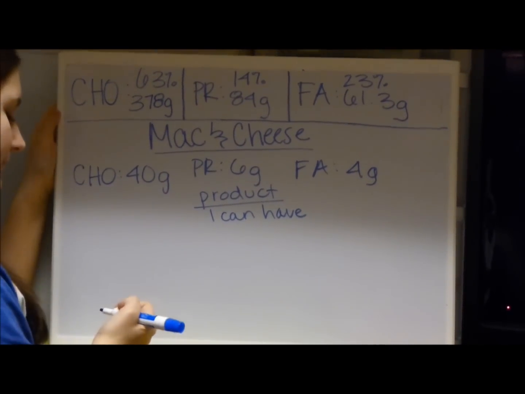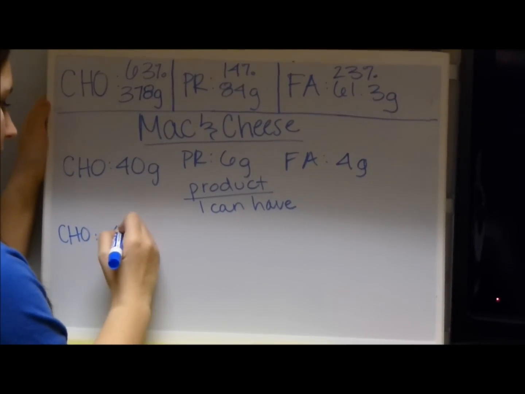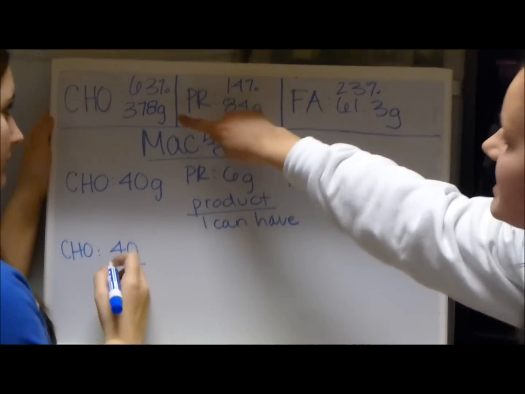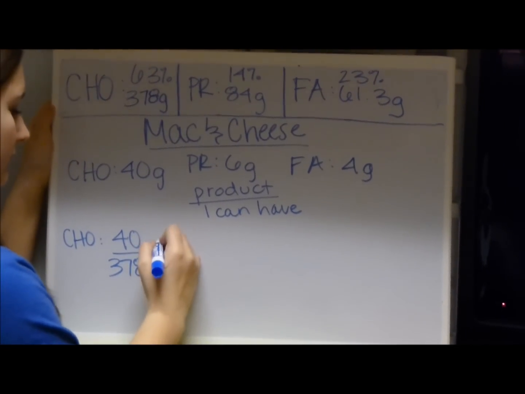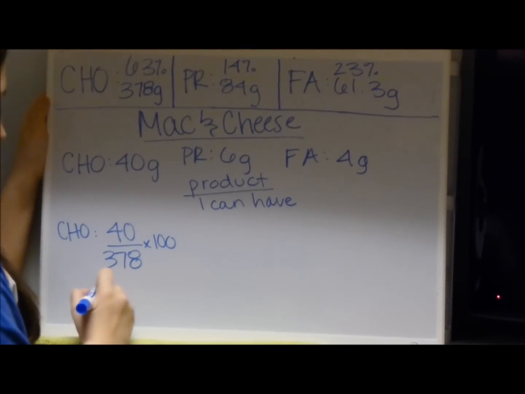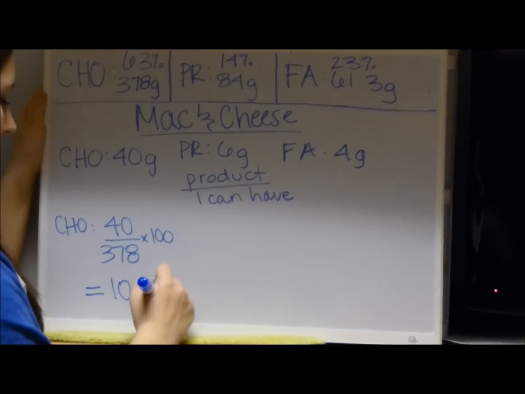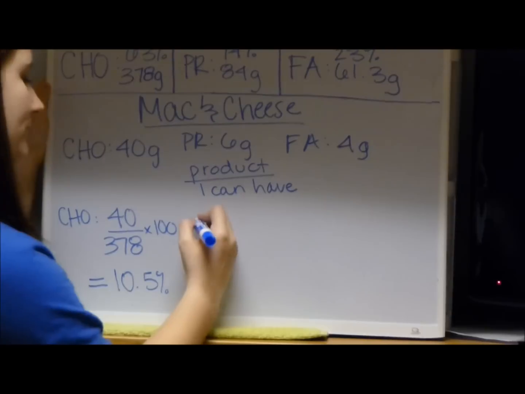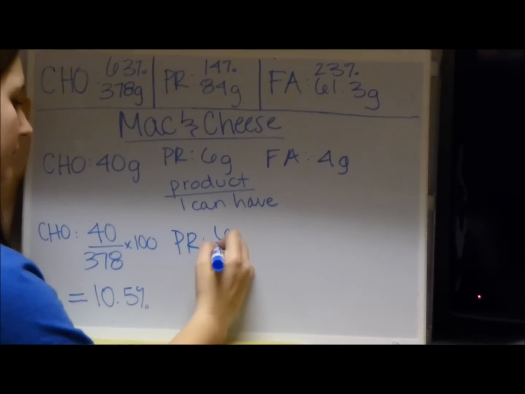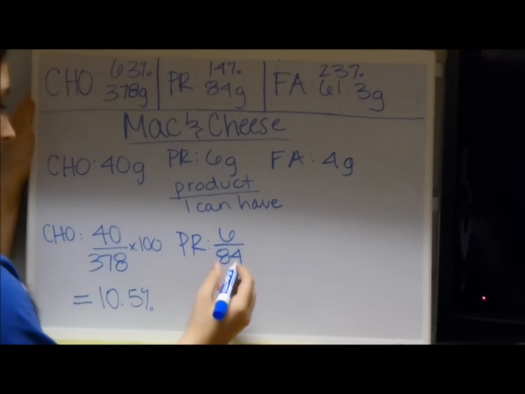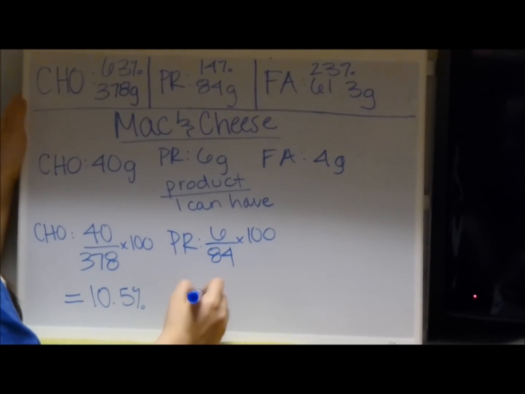And so first, to find the carbs, you have to do 40 grams divided by 378, which we previously found, multiplied by 100 to find the percent, which is 10.5. And then for protein, you do 6 grams divided by 84 grams, multiplied by 100 again, gives you 7%.